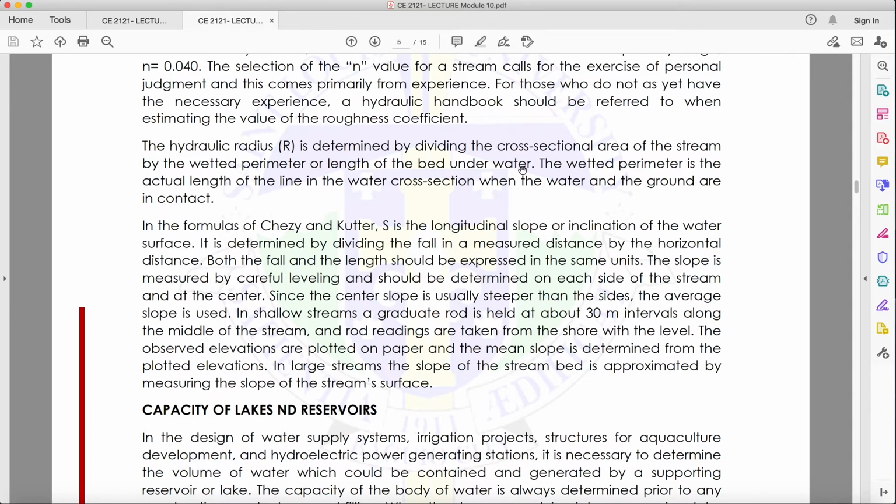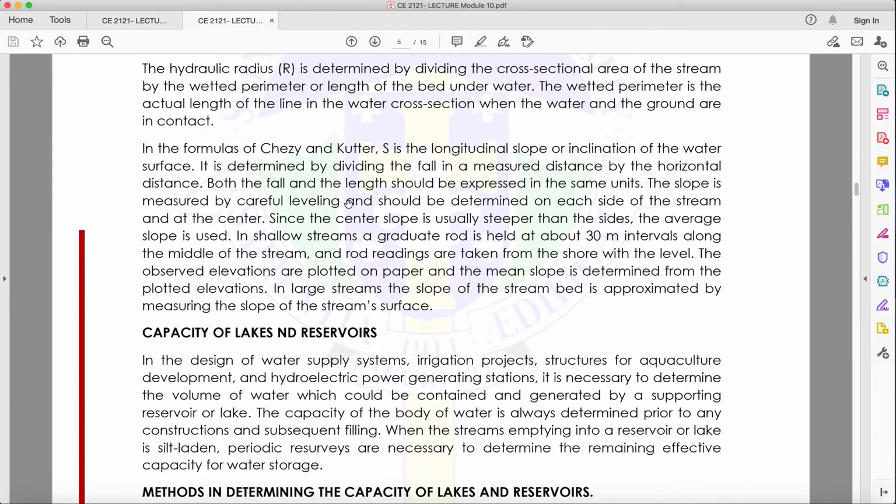The wetted perimeter, I made a mistake earlier. R is not the wetted perimeter. It is the cross-sectional area over the wetted perimeter. To clarify, it is the cross-sectional area divided by the wetted perimeter, and that is R. The wetted perimeter is the actual length of the line of the water cross-section where the water and the ground are in contact.